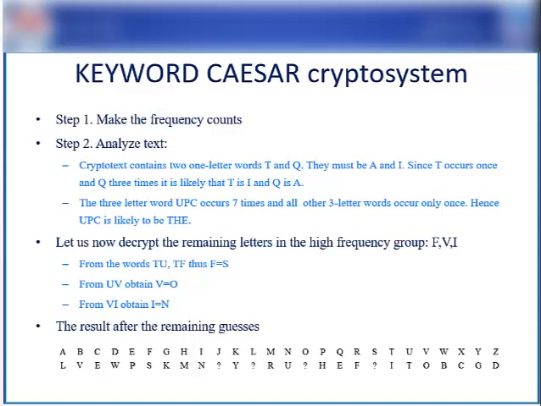Although the idea behind keyword Caesar crypto system was good enough, breaking the cipher was a really easy task. Let us consider another method to generate a stronger key sequence.